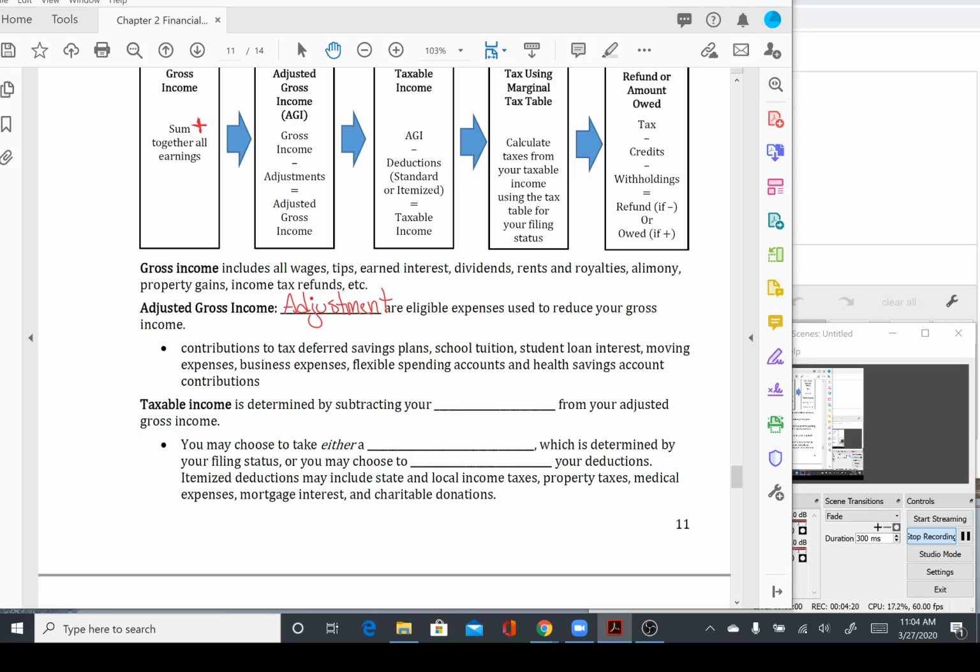The taxable income is determined by subtracting your deductions from your adjusted gross income.